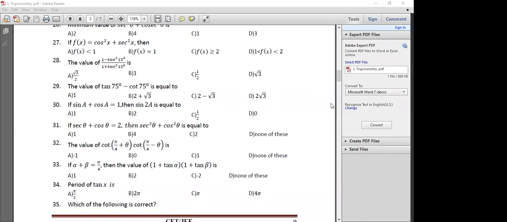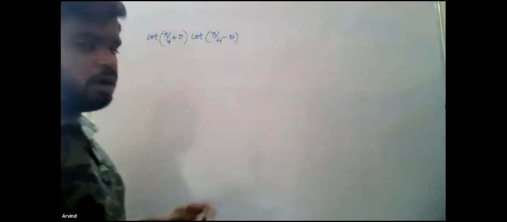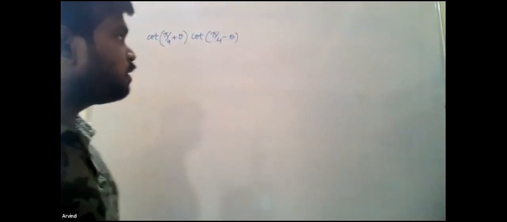The value of cot of pi by 4 plus theta into cot of pi by 4 minus theta. So here we have to find the value of cot of pi by 4 plus theta into cot of pi by 4 minus theta. Do not use the cot of a minus b and cot of a plus b formula. Directly we can do it here.